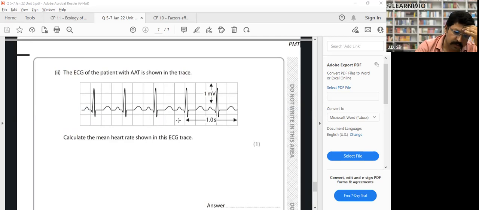So 1 second, then 1, 2, 3, 4, 5, 6, 7, 8, 9, 10, 11, 12, 13, 14, 15. So total this trace is for 3 seconds, right? Yes, 3 seconds. So how many heartbeats are there? There are 5 beats in 3 seconds. 5, right? So what will be the heartbeat per minute?